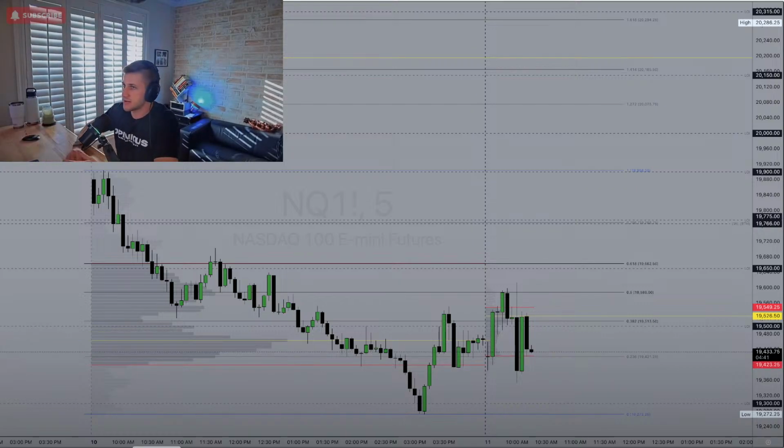Sell zone from yesterday holding, yeah. Yes, sir. That 600 to 650 area. Tricky spot, like we mentioned earlier. Tricky, tricky.